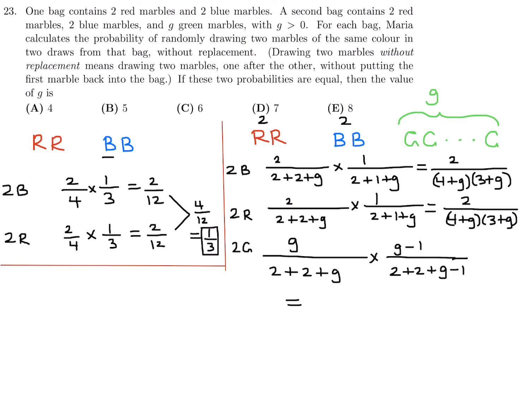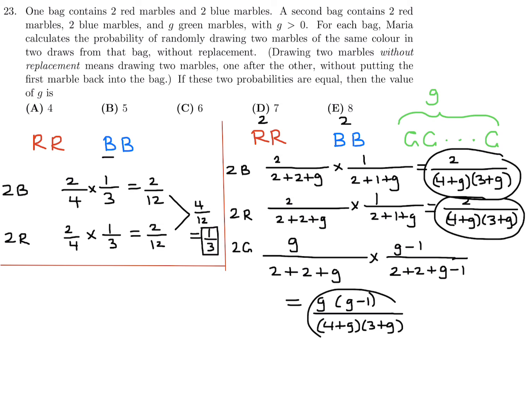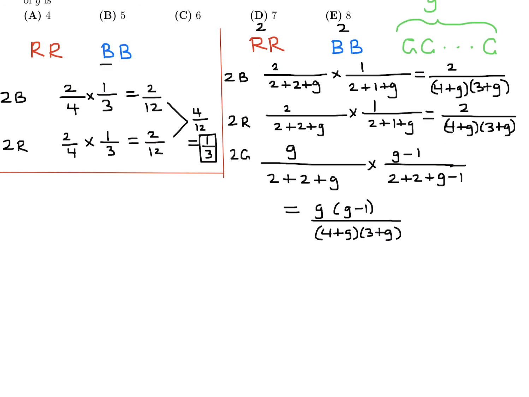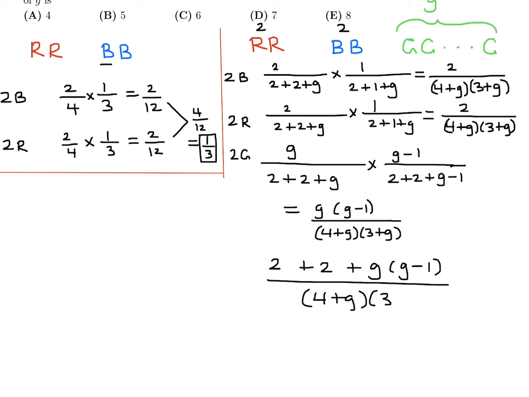So that is G times G minus 1 over 4 plus G times 3 plus G, like that. And now, as before, we have to add up these. And when you do, all the denominators are the same, so you get 2 plus G times G minus 1 all over 4 plus G times 3 plus G.